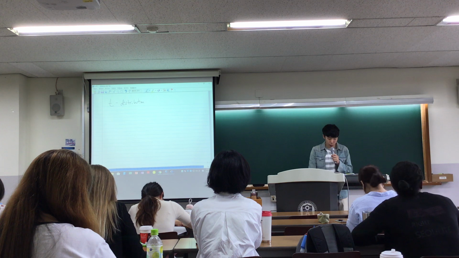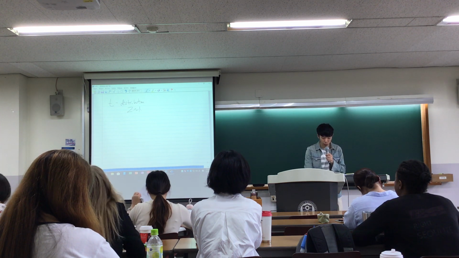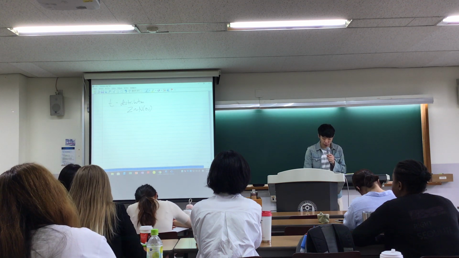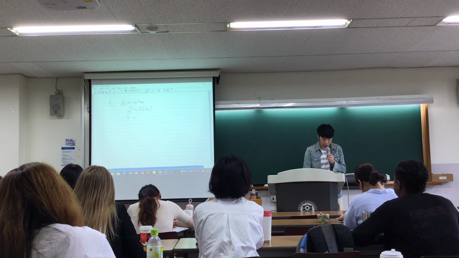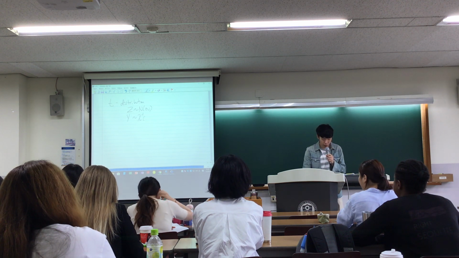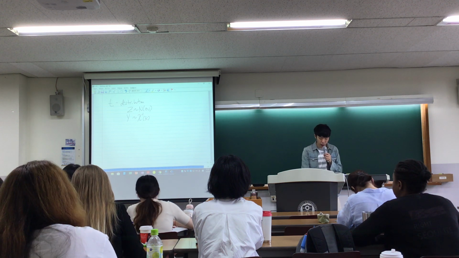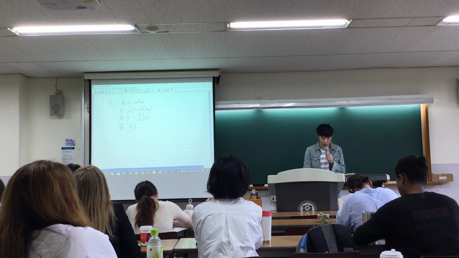So we need 3 facts to make the t distribution. We need to have a standard normal, z. We need to have another one, y, following chi squared with degree of freedom k. And finally, we need them to be independent.